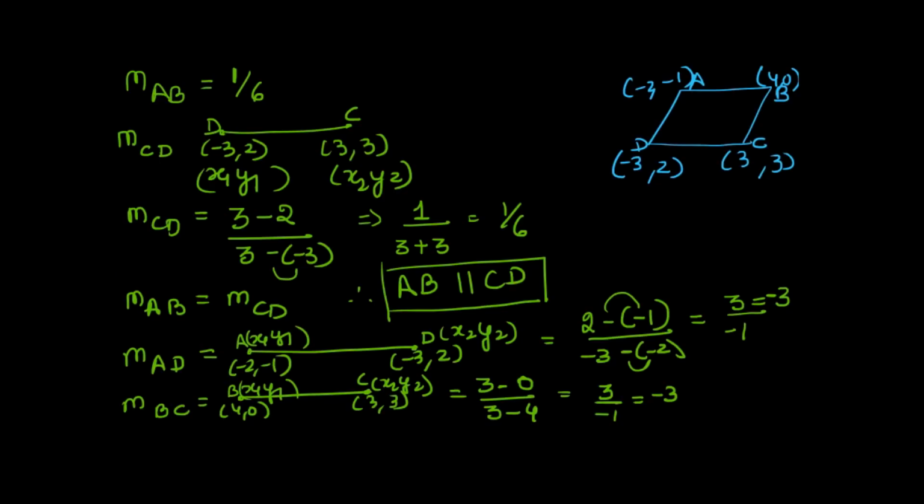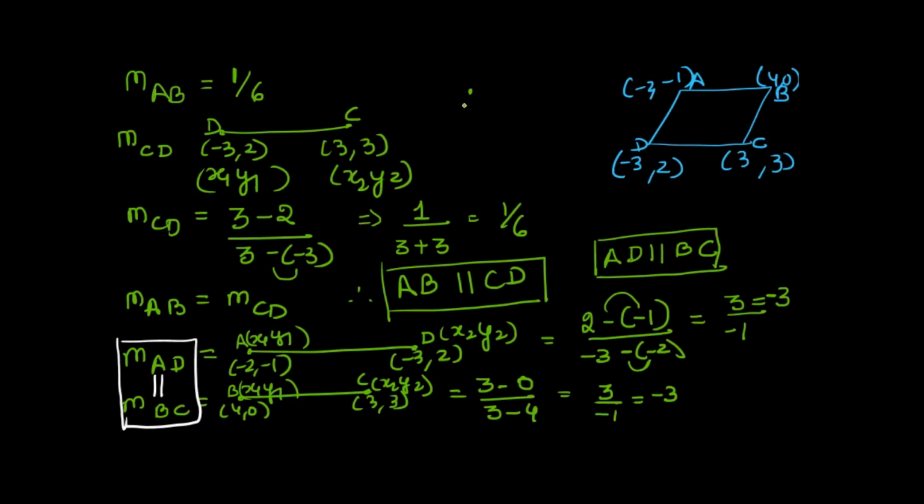That the slope of AD is also equal to the slope of BC, and therefore AD is also parallel to BC. Correct? Because their slopes are equal. And both the pairs of opposite lines in this quadrilateral are proved parallel. Therefore, ABCD is a parallelogram.